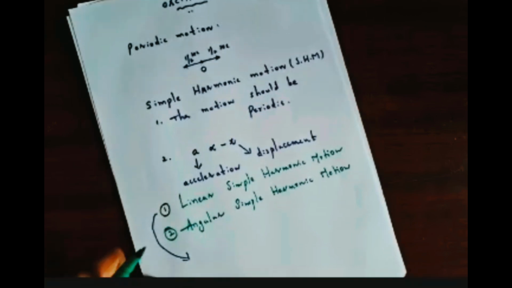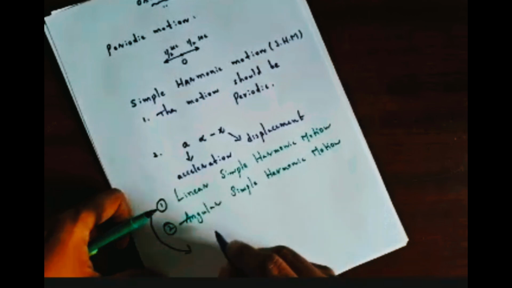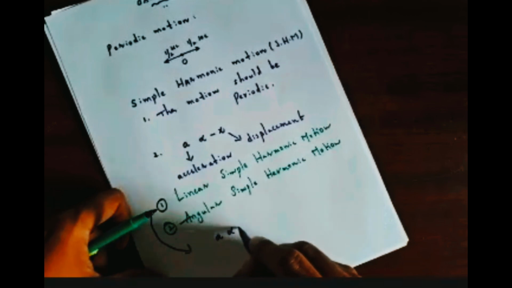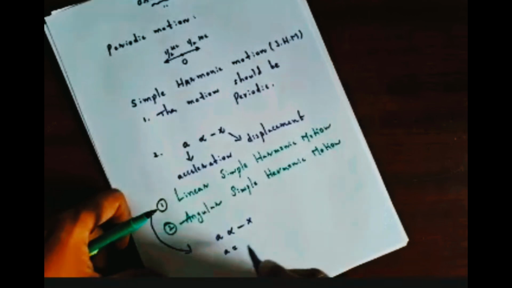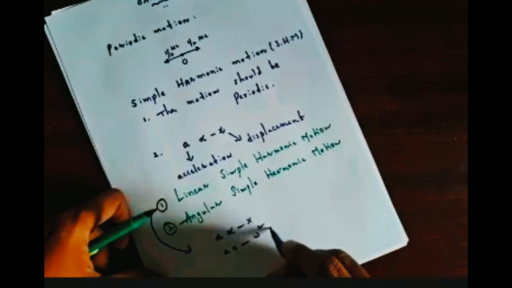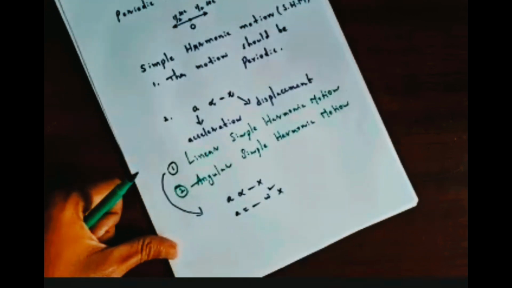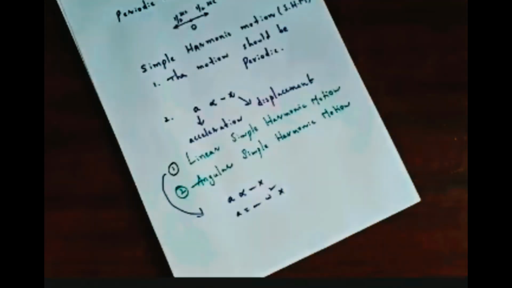That itself is the condition of linear simple harmonic motion. A is proportional to minus x, then A is equal to minus omega square x.